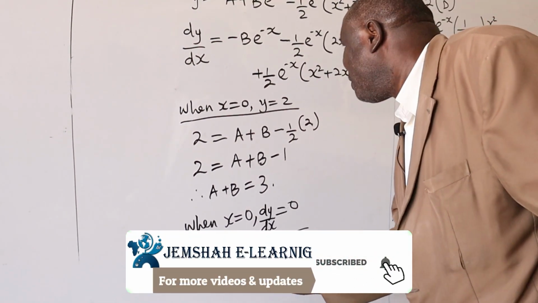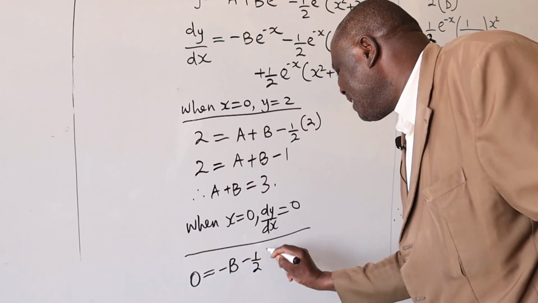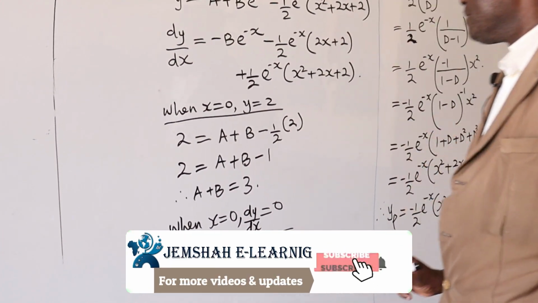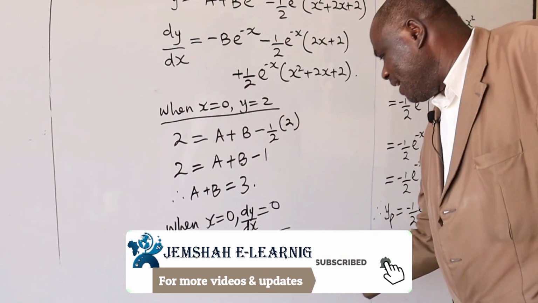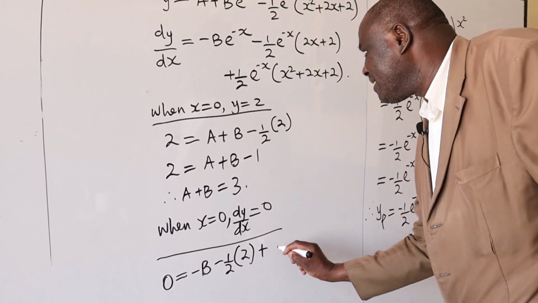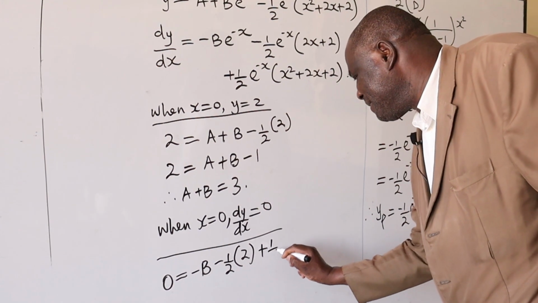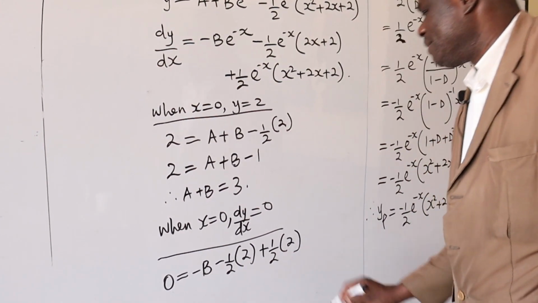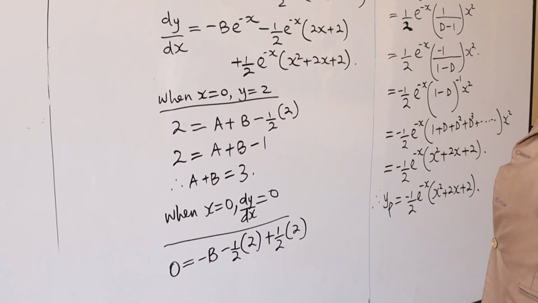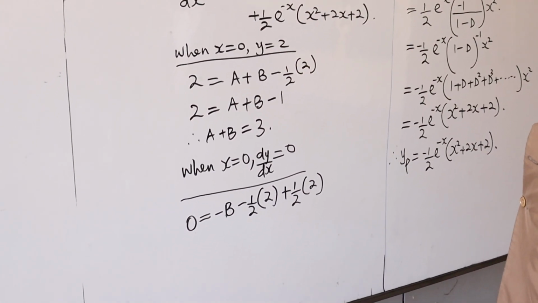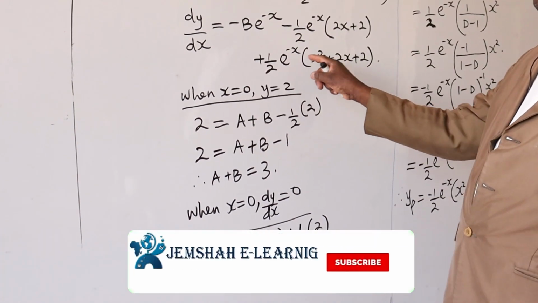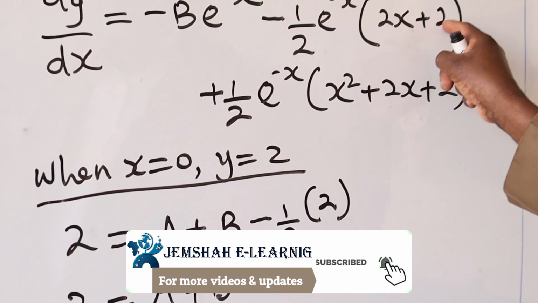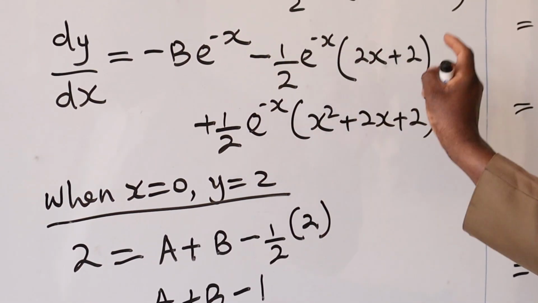Then we have minus a half into 2, then we have plus a half into 2, because this one is 0, and this one here is minus a half into 2.